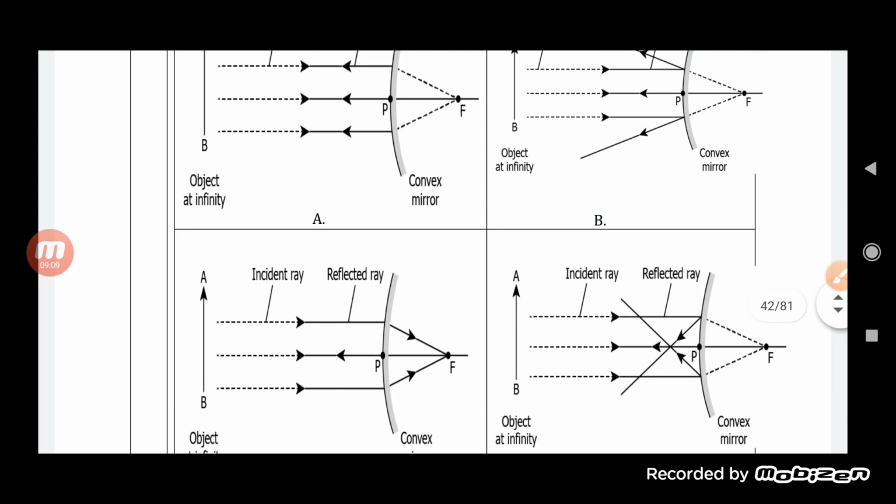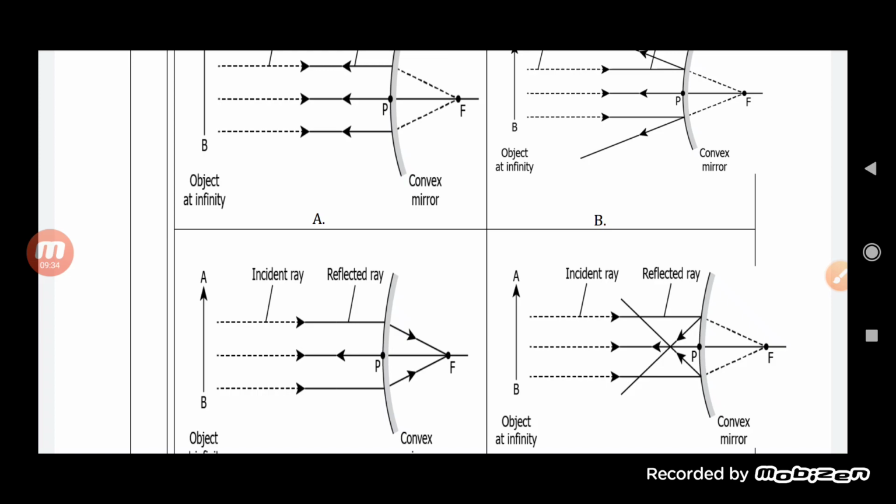Then the next one, the incident ray and reflected ray both meet at a point, and except for the ray coming through the principal axis, all the rays merge at a point. So this is also a wrong one. And in another, the incident ray and reflected ray pass through a point here.